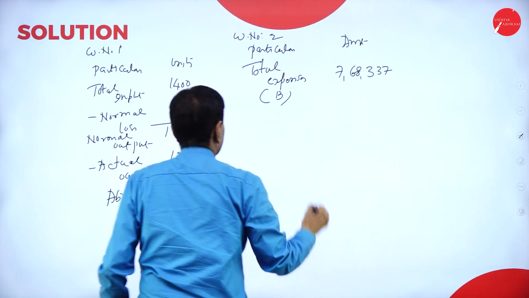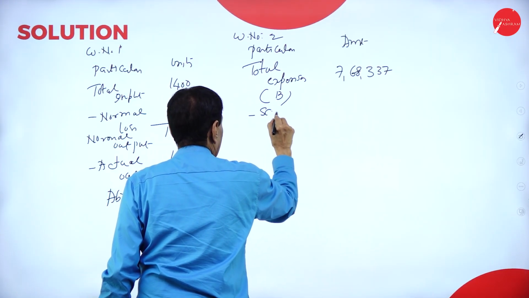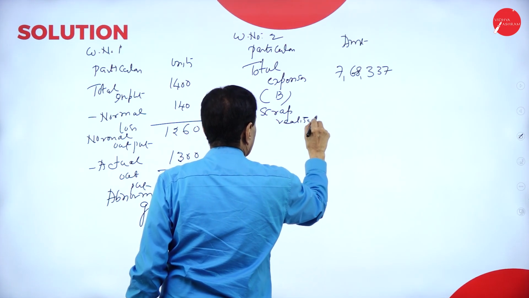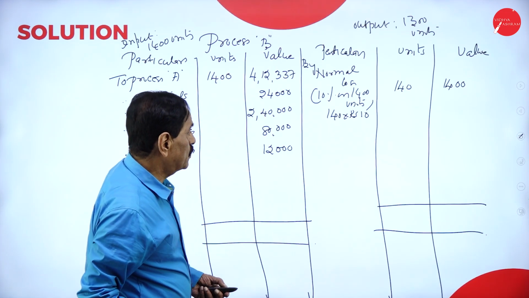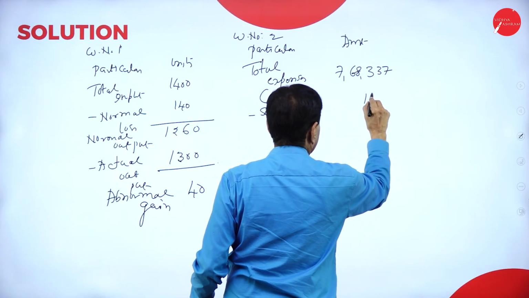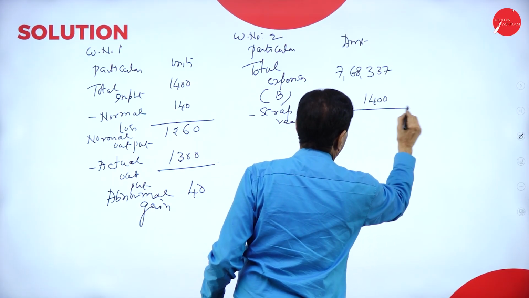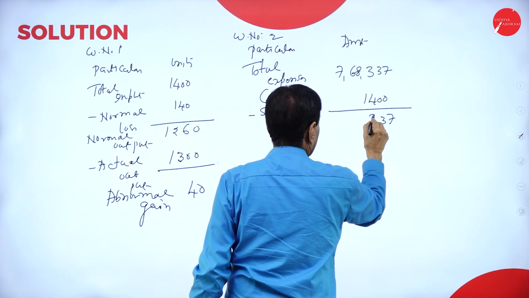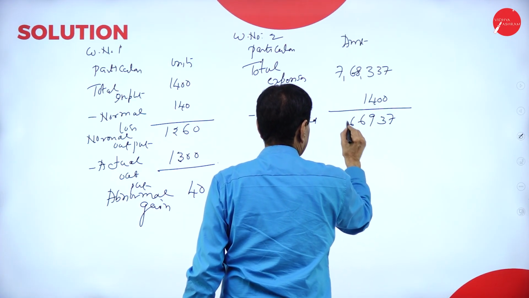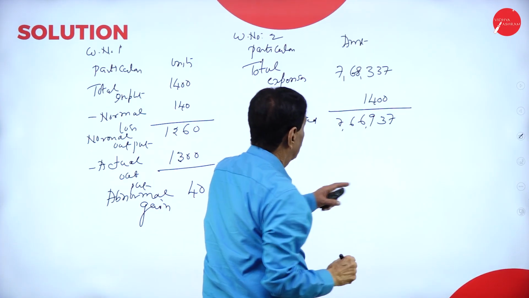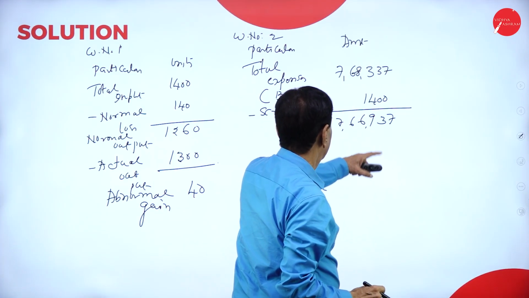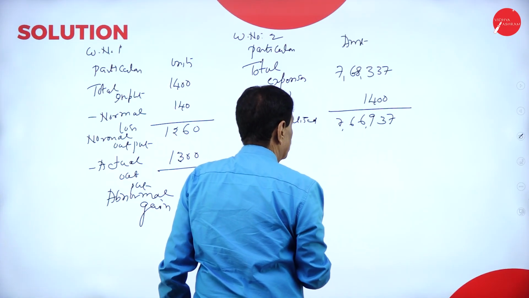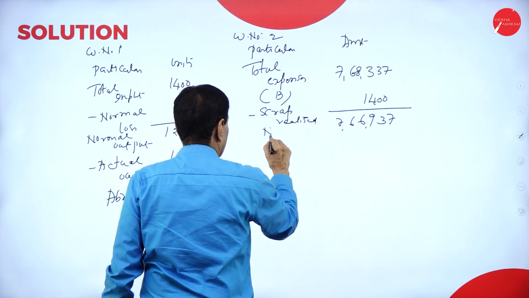Minus scrap realized. What's the value realized? 1,400. Deduct. 7,66,937. Normal cost.